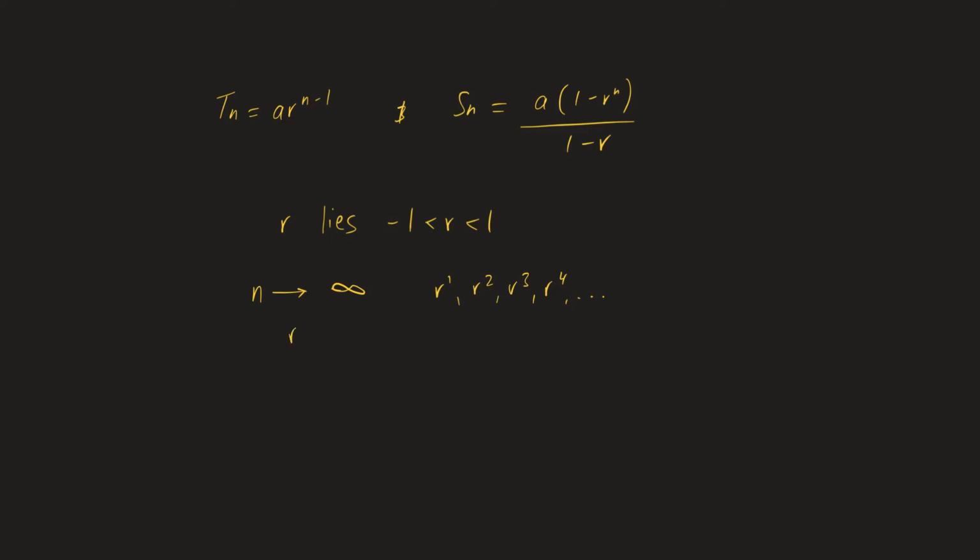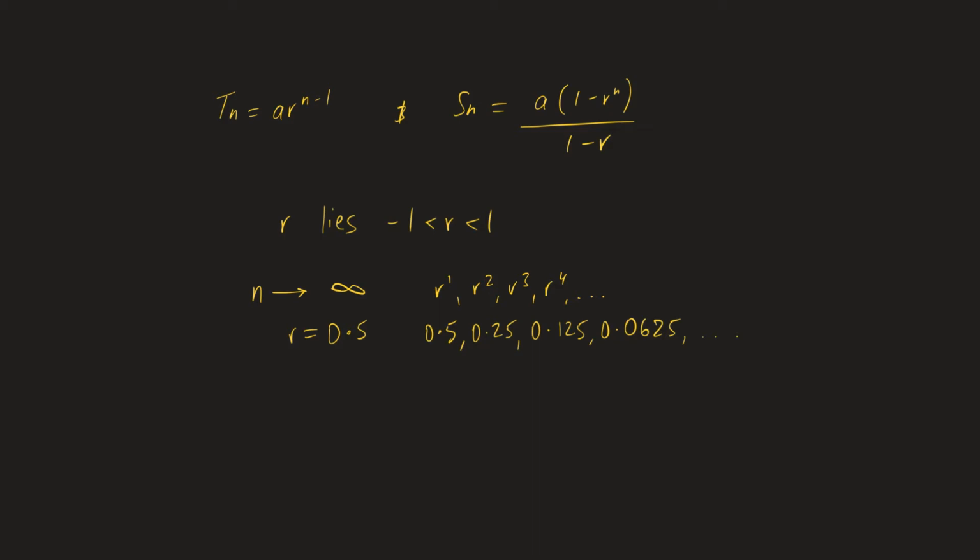For example, if we said that R is equal to 0.5, then R1 is going to be 0.5, R squared is 0.25, R cubed is 0.125, R to the power of 4 is 0.0625, and so on. So you can see that as n is approaching infinity, it's actually getting smaller and smaller and smaller.